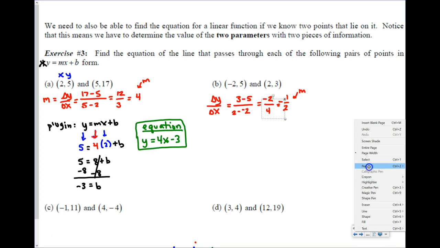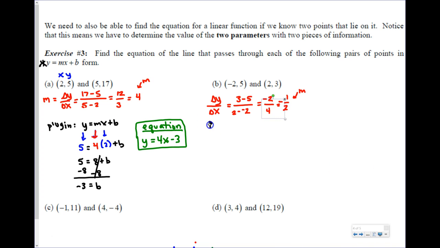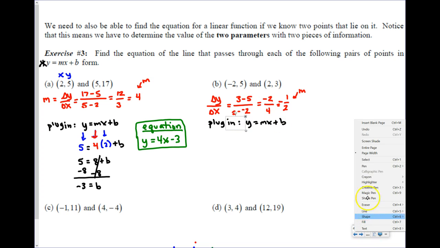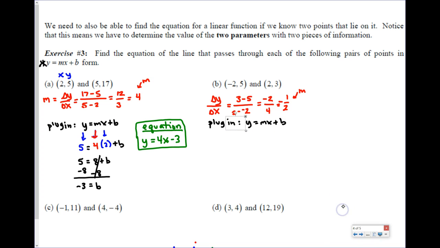Now I'm going to do my plug-in to y equals mx plus b. I'm going to pick my first point here to be x and y. So when I plug in for y, I'm going to have a 5. And when I plug in for x, I'm going to have a negative 2.